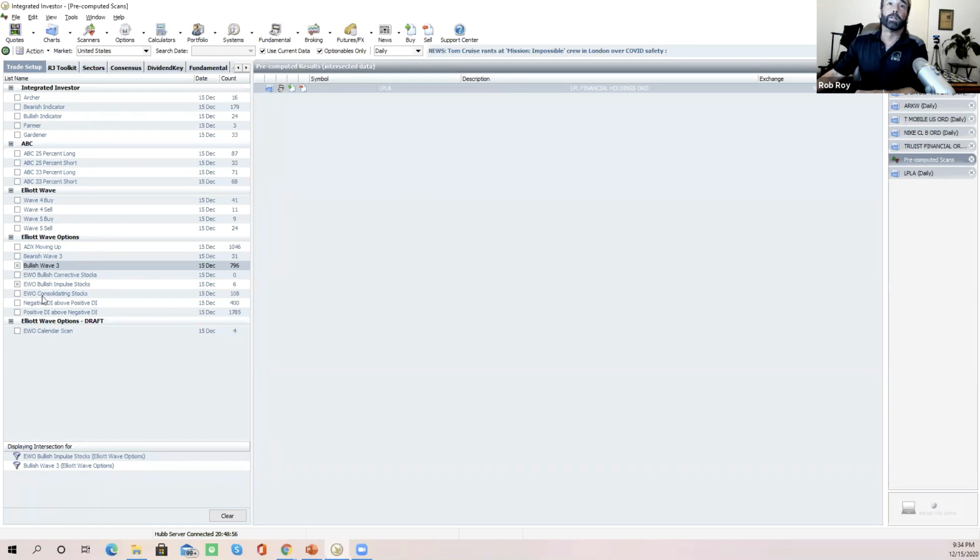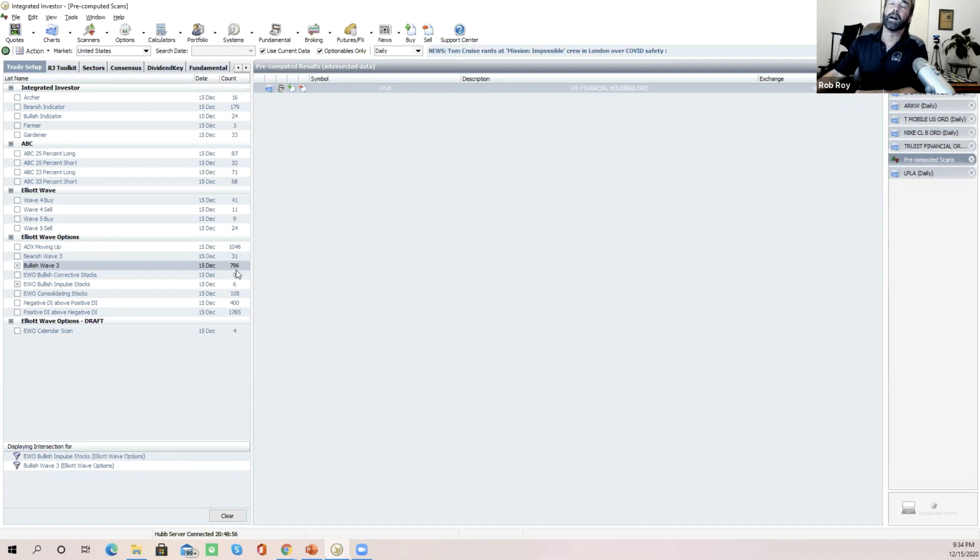So these searches, the Elliott Wave Options searches, are mine, and then ProfitSource has added these in from an Elliott Wave standpoint so you can combine the two. What I did was I took my search for bullish impulse stocks and combined it with those that are in wave 3. You can see there were 6 that had mine, and there are 796 stocks in a wave 3.